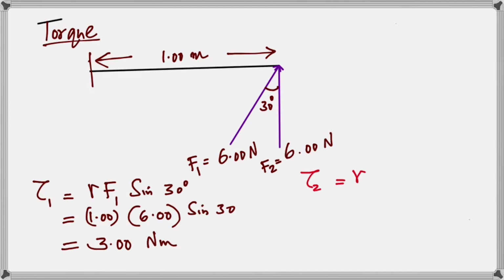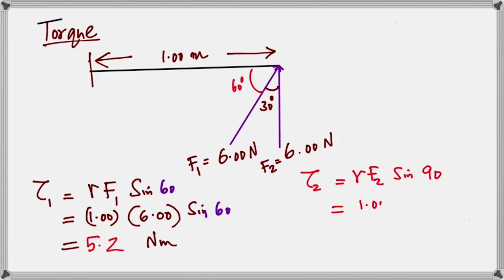When it comes to torque 2, it's easy because it's R F2 sine 90 in this case. So I'm going to go back and change it to 60. So that becomes bigger than sine 30. Okay, 5.2 Newton meter.